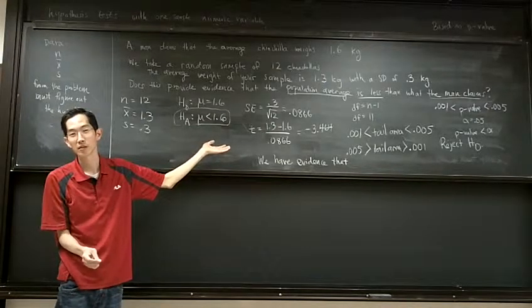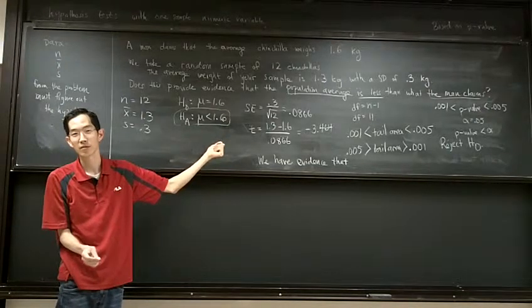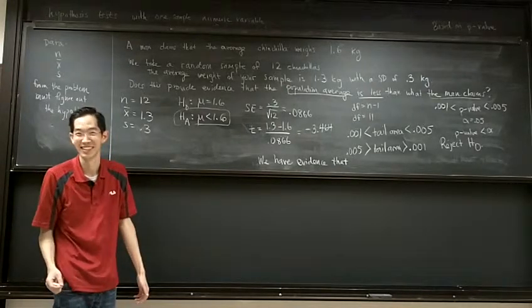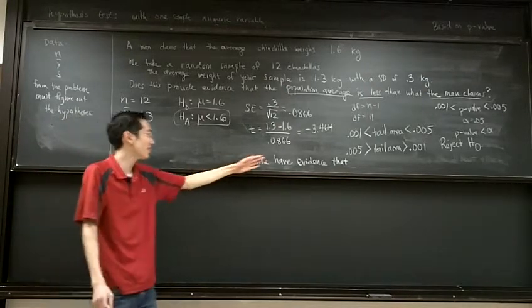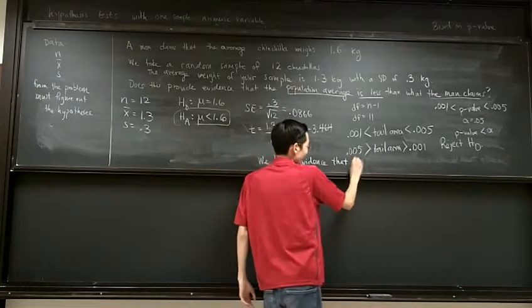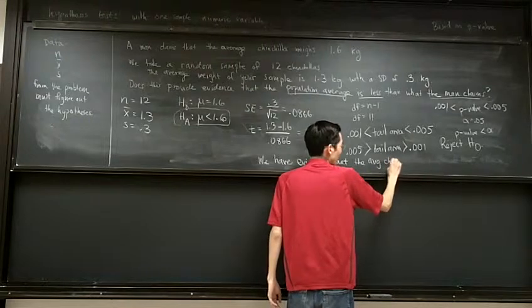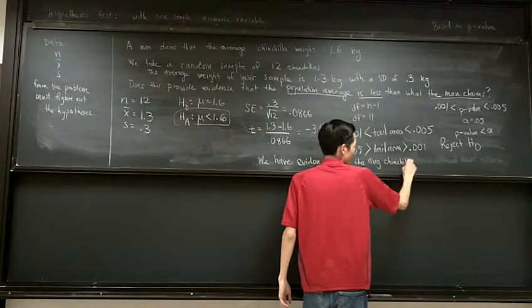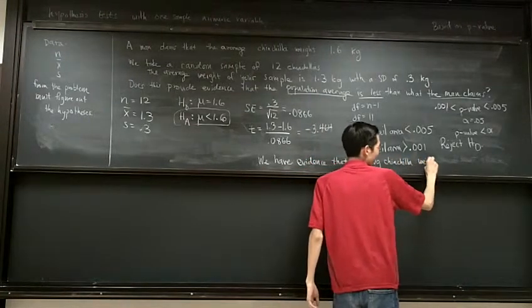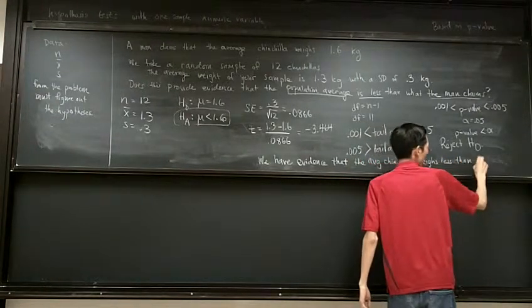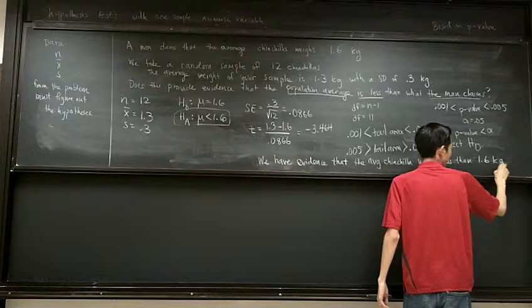We have evidence that the population average is less than what the man claims. We have evidence that it's more likely the average chinchilla weighs less than 1.6 kilograms.